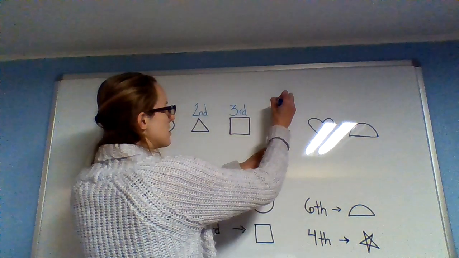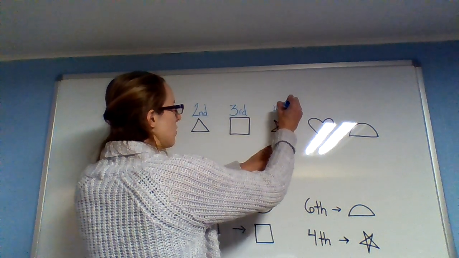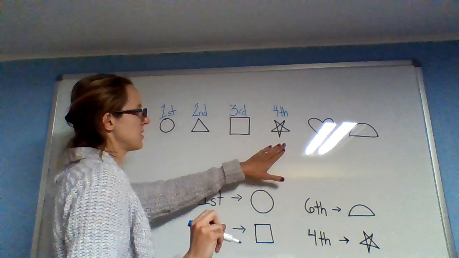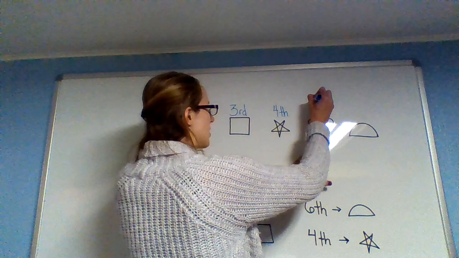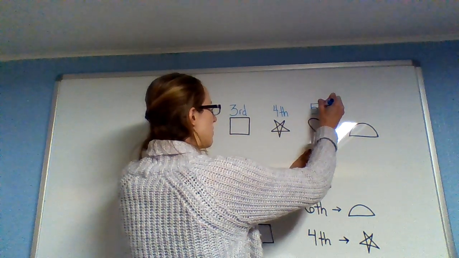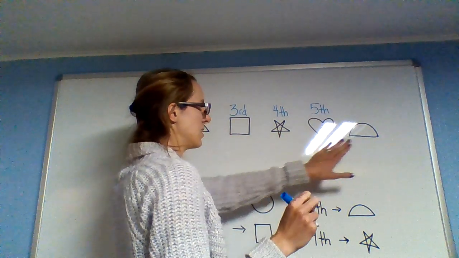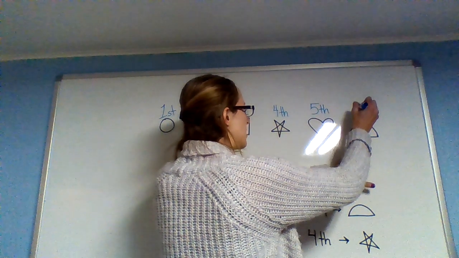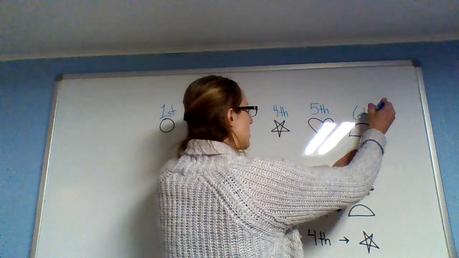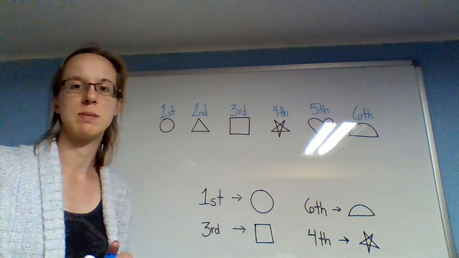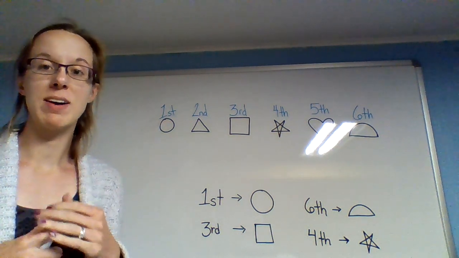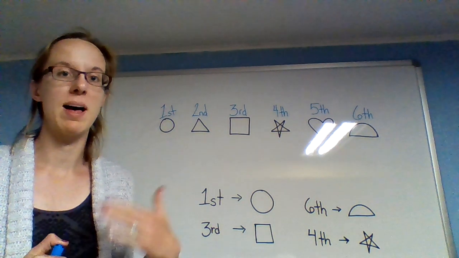The star is in the fourth spot. The heart is in the fifth spot. And the semicircle is in the sixth spot.